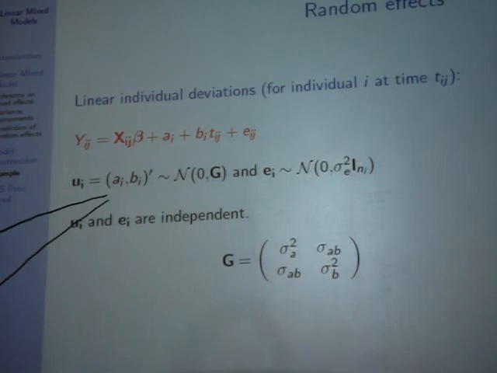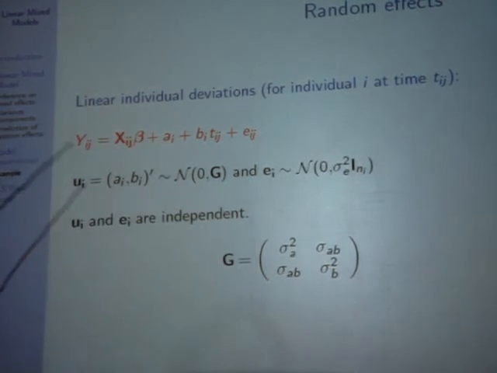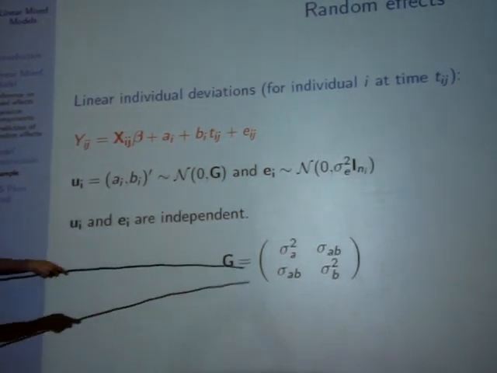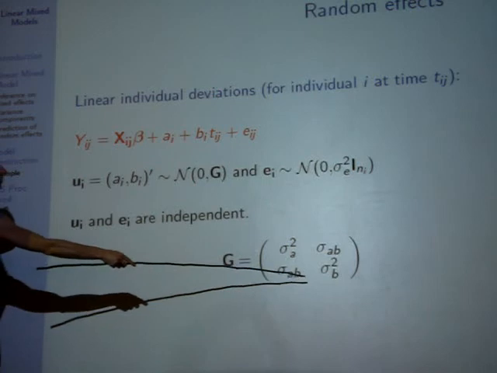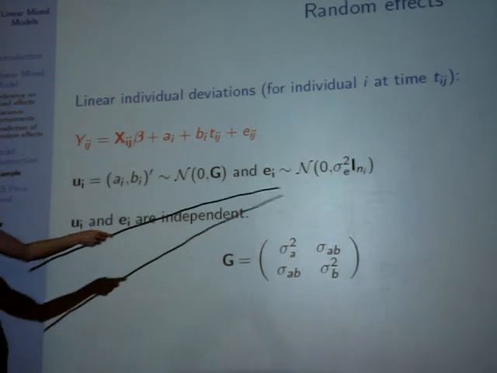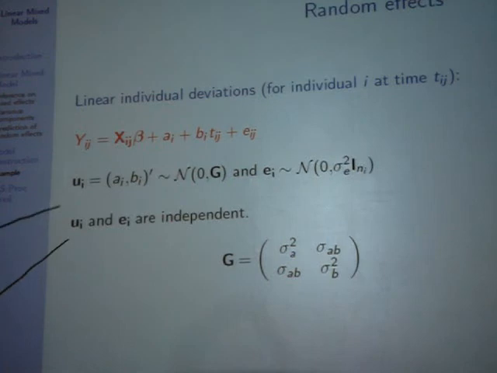The random effects a_i and b_i are assumed to be normally distributed with mean 0 and variance covariance G. And the G matrix is defined like this: the variance of A, the variance of B, and the covariance of A and B. And the residuals here I assume to be independent with a constant variance. And u_i and e_i are assumed to be independent.